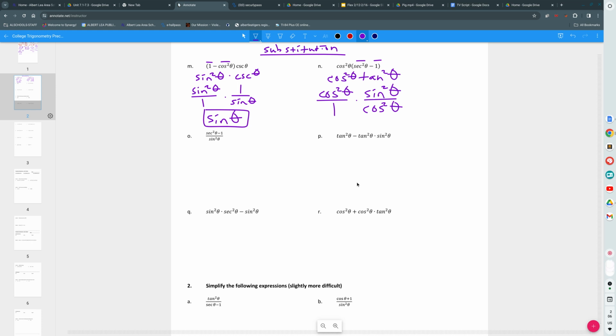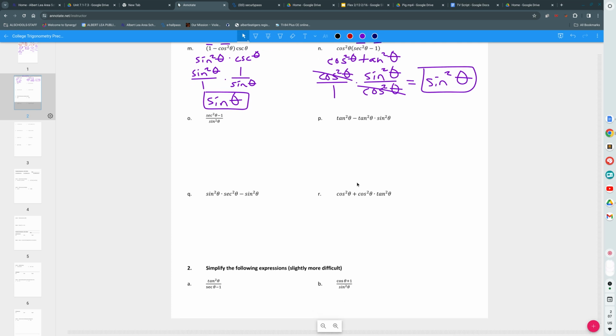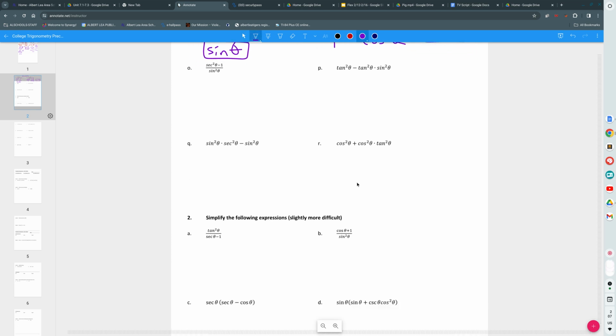Notice that the cosine squareds cancel, and I'm left with sine squared of theta. It's okay if we're dividing as well. Our goal is to get through O and P right now, and then the bell will go. Secant squared minus 1, we can rewrite that as tangent squared of theta. And on the bottom, we write sine squared of theta.